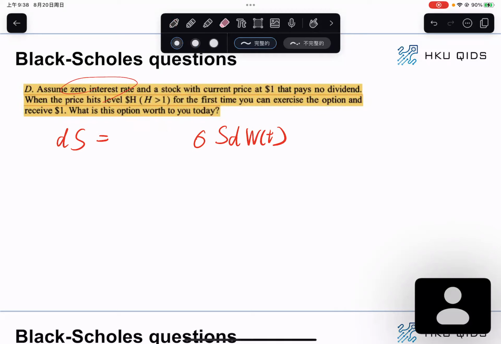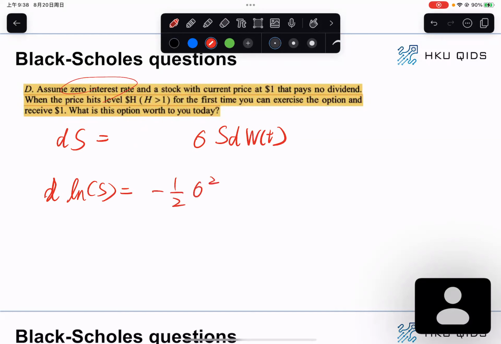We only have sigma S dWt, and then we are going to have d log S is going to be negative 1/2 sigma square dt plus sigma dWt. Okay, because the mu part is gone.